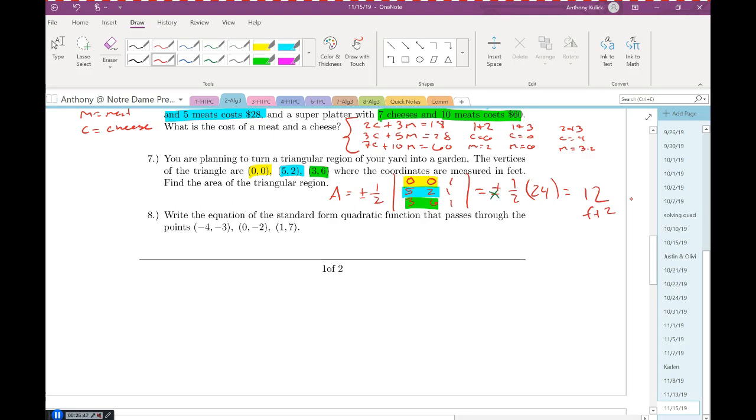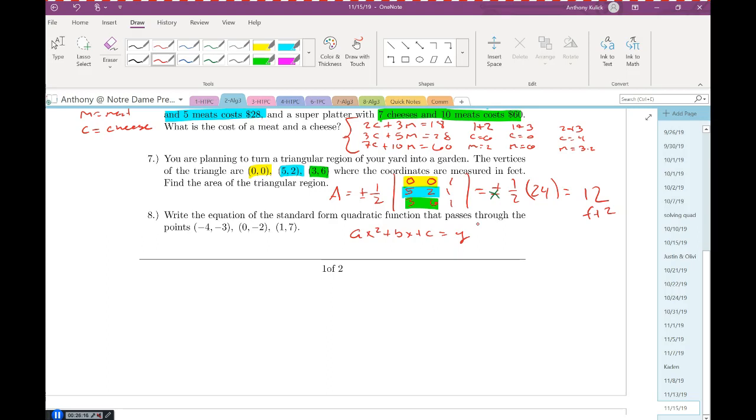8 says, write the equation of the standard form quadratic function that passes through the points (-4, -3), (0, -2), and (1, 7). So I remember that my standard form quadratic looks like ax squared plus bx plus c is equal to y. So to be able to write this equation, I need to figure out what 3 things? A, B, and C. That's 3 variables.